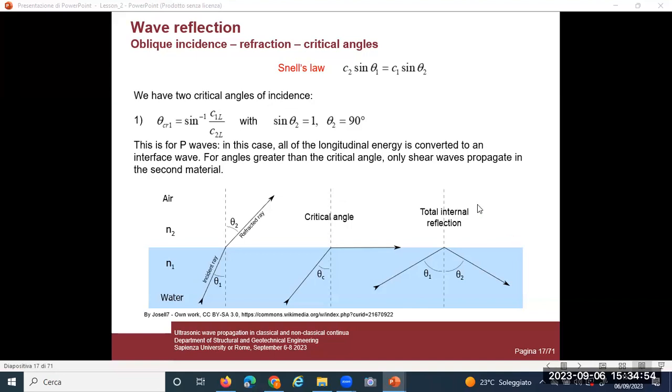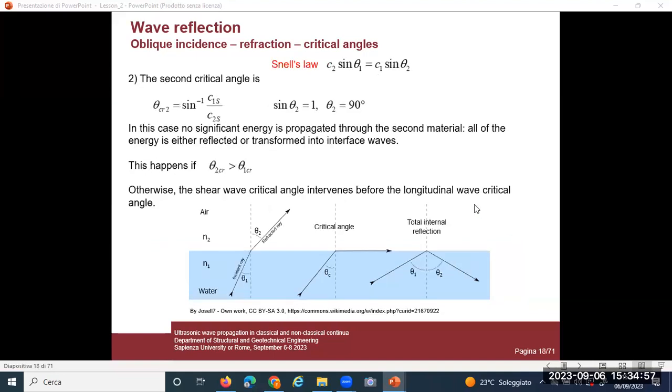But in this case, you are going to have a second critical angle. So if the incidence angle increases more than that, not even shear waves will be able to propagate in the second material, but all the waves will be reflected into the first material.